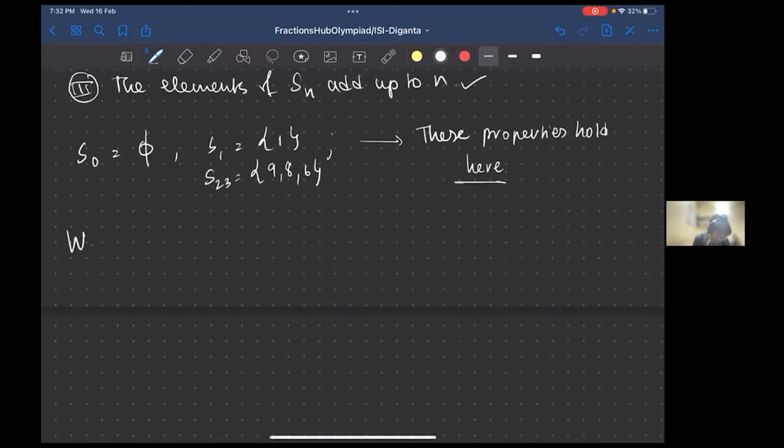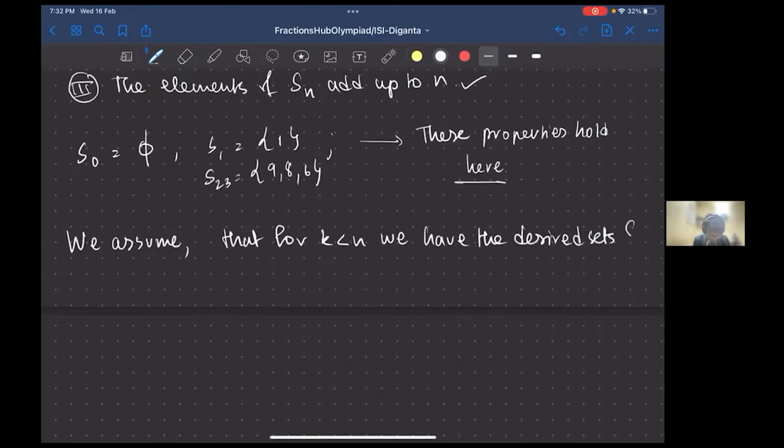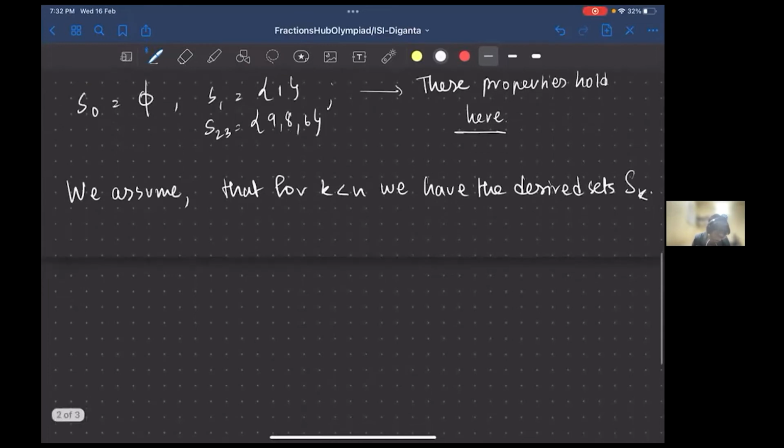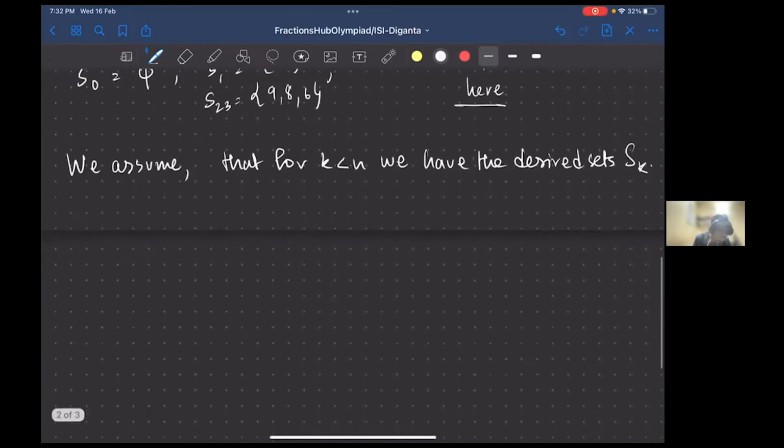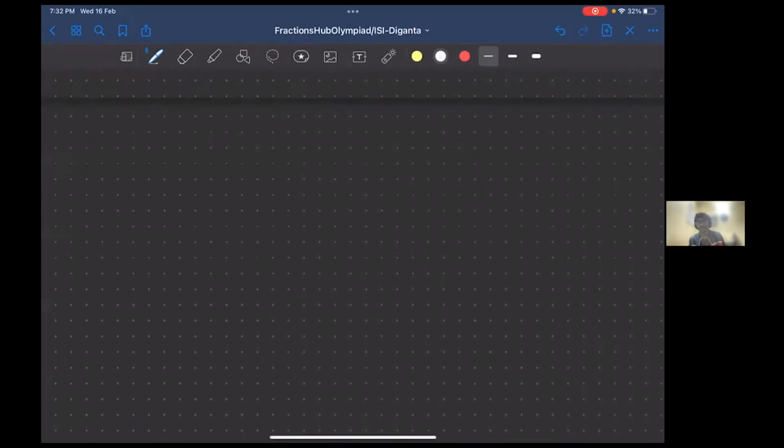Now, we assume that for k less than n, we have the desired sets Sk. So, in order to proceed, let us divide n into two cases, even and odd.